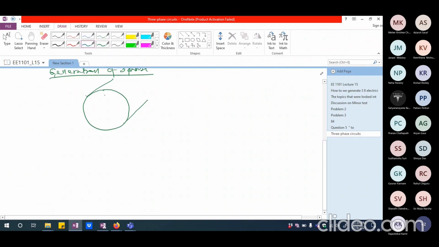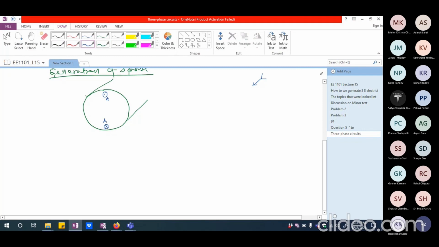Okay, so I'm going to have 1-phase conductors somewhat like this. I'm going to show dot as the current which is coming out, and cross as the current which is going in. So this is cross and this is dot. Let me call this A, and this A dash.